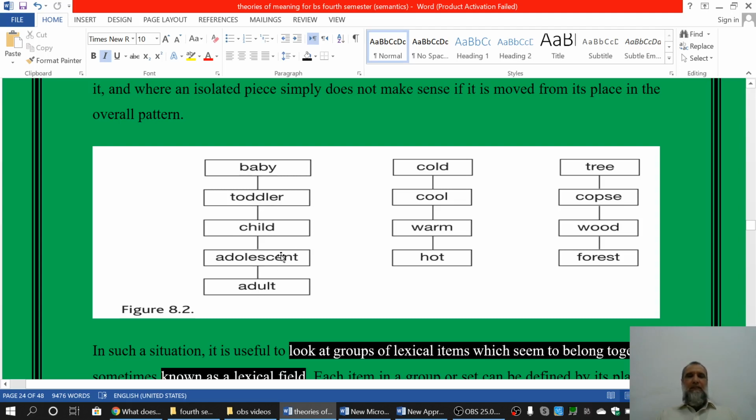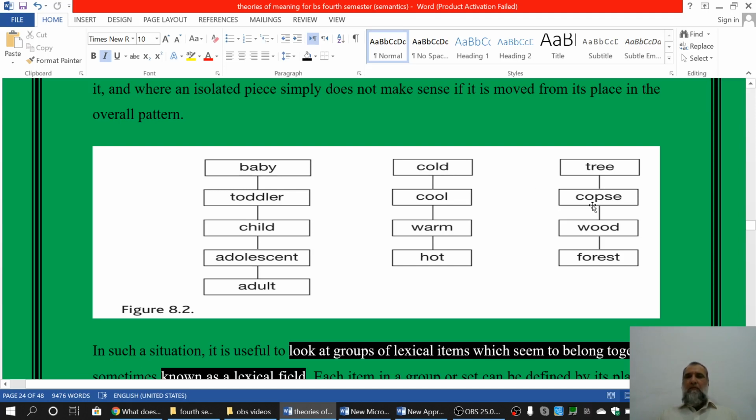So it's a kind of context, you can say, a semantic context which is important here. If you have a look at the group of these words, cold, cool, warm, and hot. Cool is defined as the temperature between cold and warm. And all these terms are related because they refer to temperature.